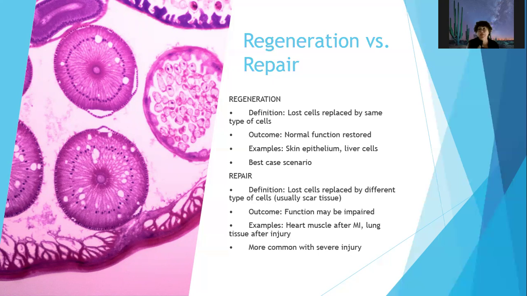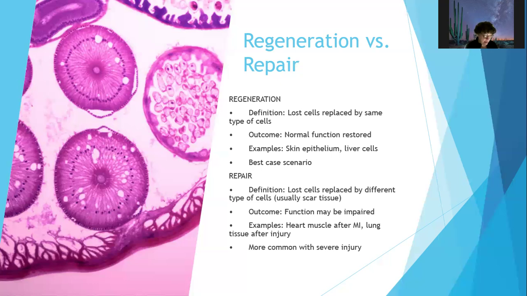The example I always give, which is also in the book, is a paper cut. We've all had a paper cut. There's definitely tissue damage. You might lose some cells, but you usually don't have scars from a paper cut, because the cells are completely regenerated and normal function is restored. And that's the best case scenario.